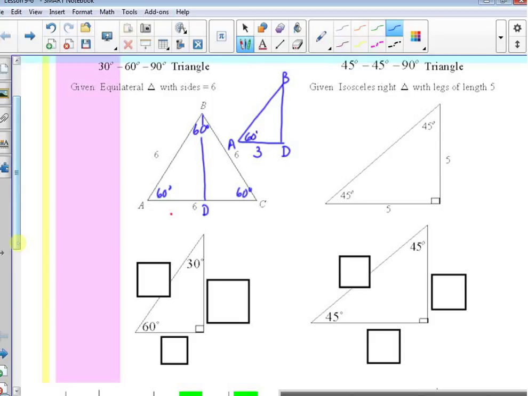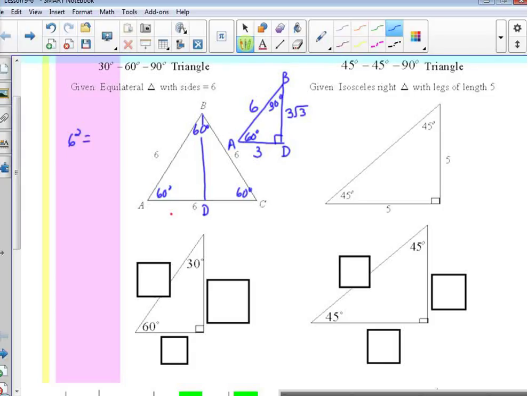This is still 60, 90. This is 6. And this is 30. And then by using the Pythagorean theorem, we should obtain that the side opposite the 60 is going to be 3 radical 3. So 6 squared equals, not plus.